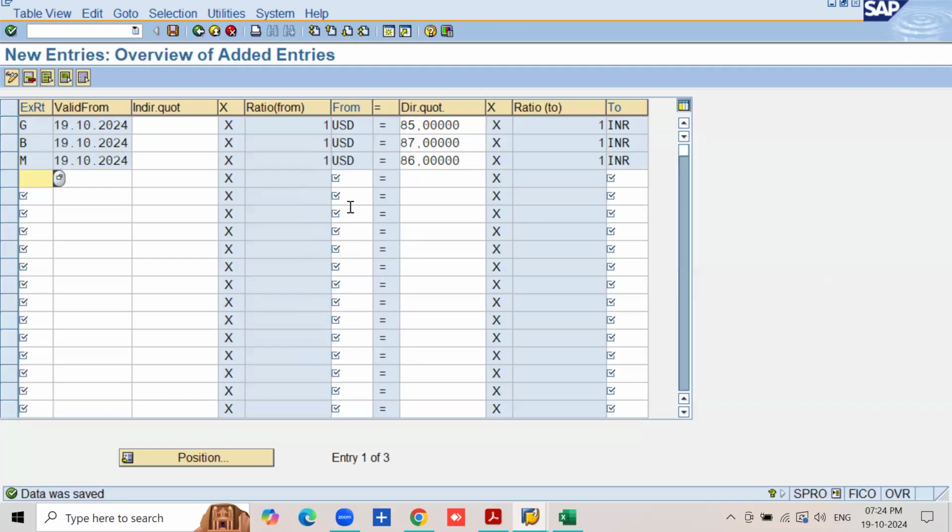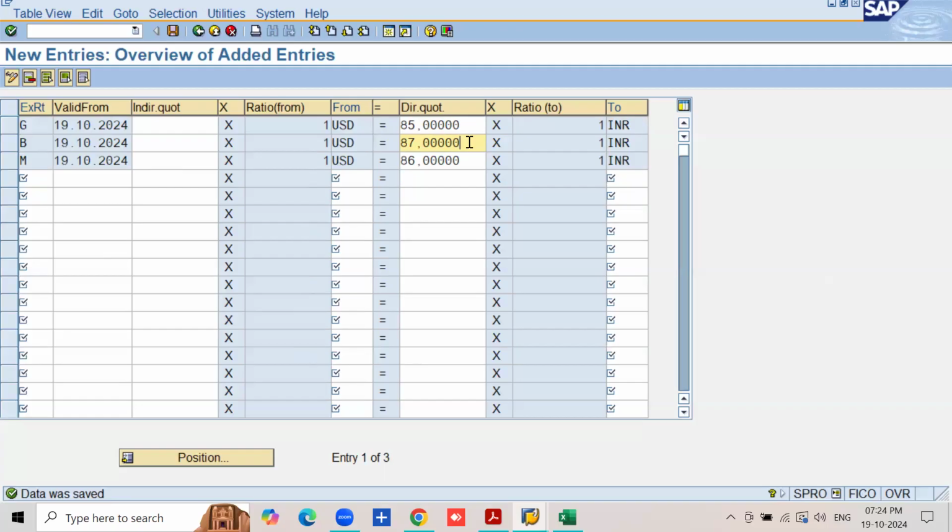That means in any company code, US dollar rate is 85 rupees. In any company code, US dollar selling rate is 87 rupees. Clear? And for any company code, translation ratio is 1:1. For any company code, these exchange rate types are same. Right.